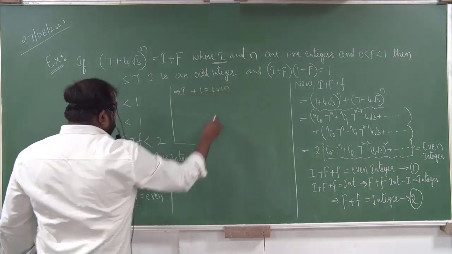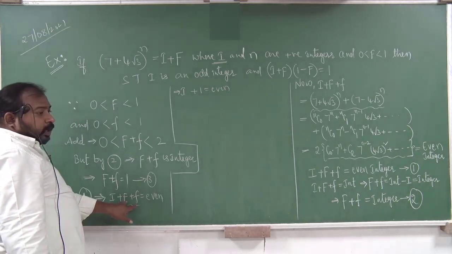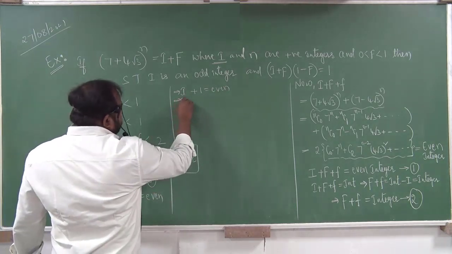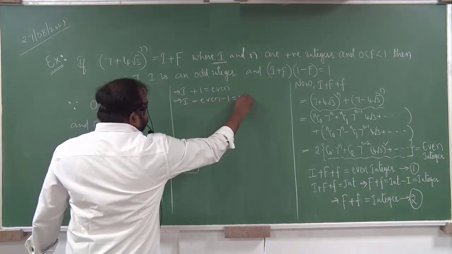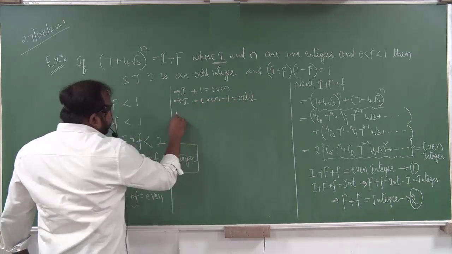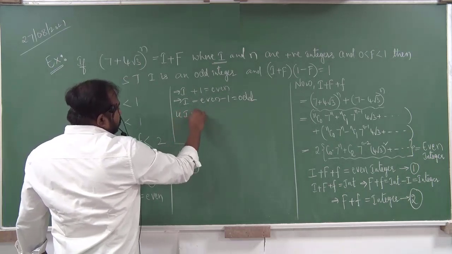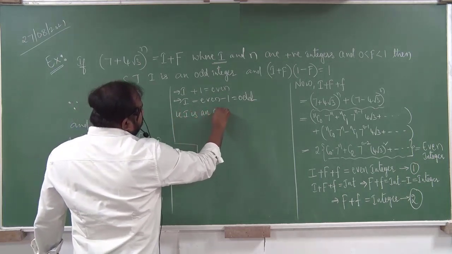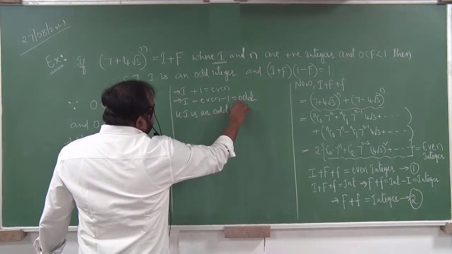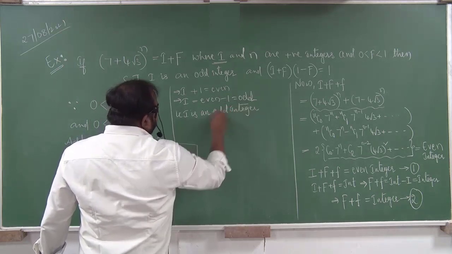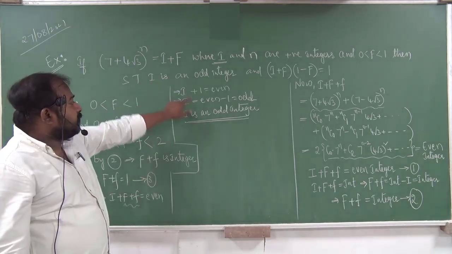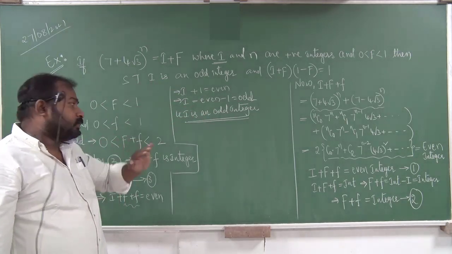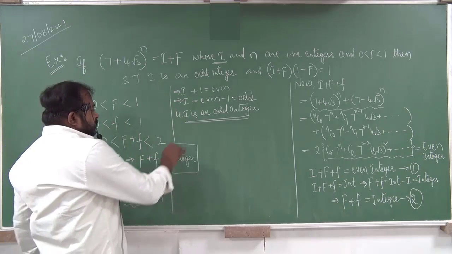I plus this value, already 1. Then what is the value of I? Even minus 1, which equals odd. That is, I is an odd integer. Our aim is to show that I is an odd integer. So till there it is completed. Now next part.